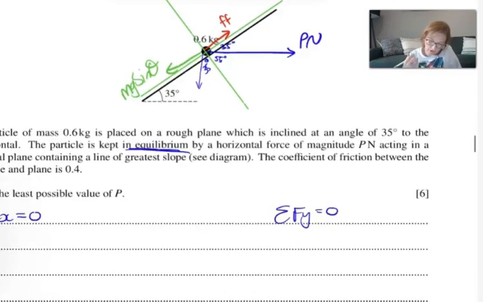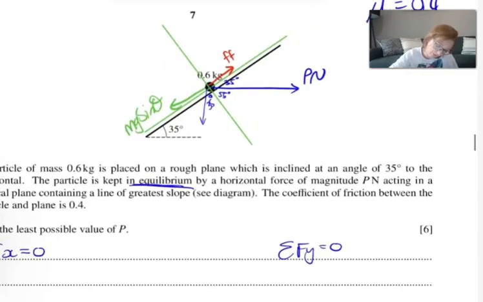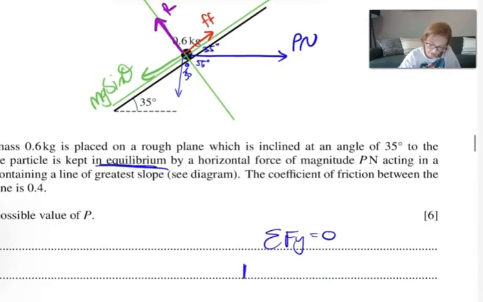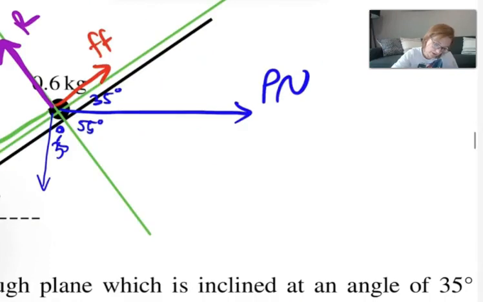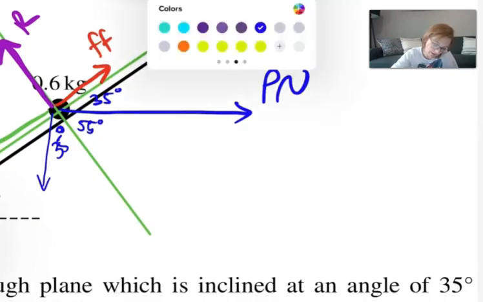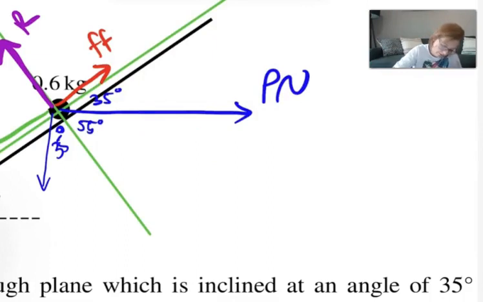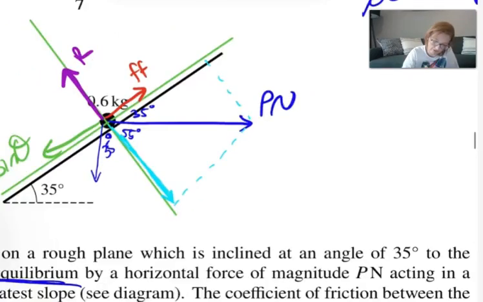Let's go to my forces, my Y direction. My normal R is going to be there. So my sum of my forces, I've got R. And then P has got a component in the negative y direction. Can you see this big blue? That thing can be split up like this, so it's got a component in the negative y direction.